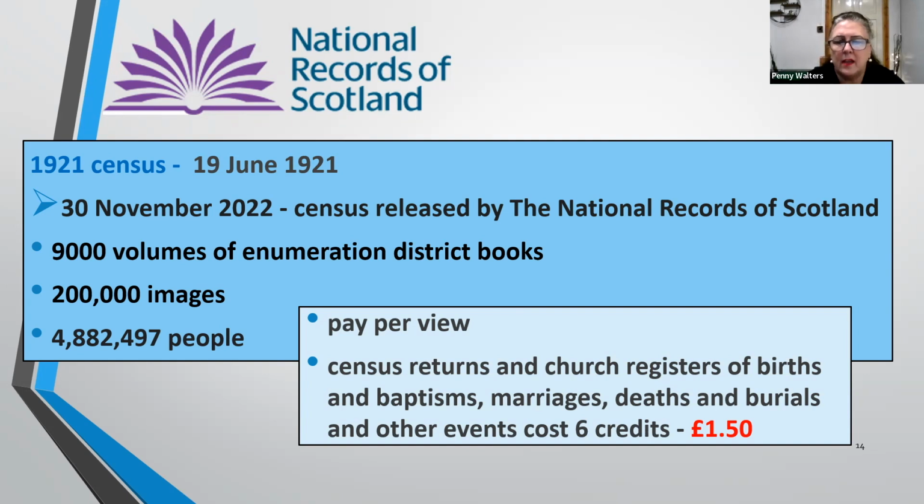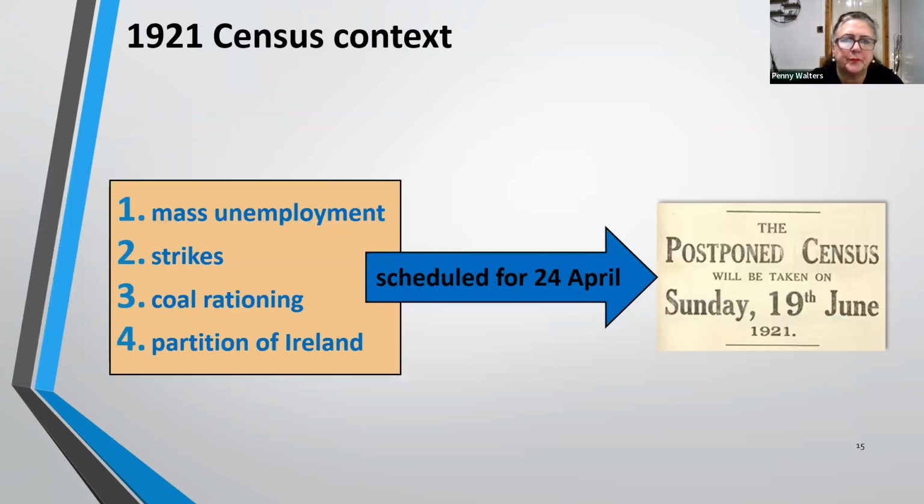However, be aware that you have to pay per view, and the minimum amount that you can buy is 6 credits. So in England, that's £1.50. So I'm not sure what that would translate into for your currency, but basically it's pay per view. So £1.50 isn't a huge amount, but I'm not sure what that would be in your currency.